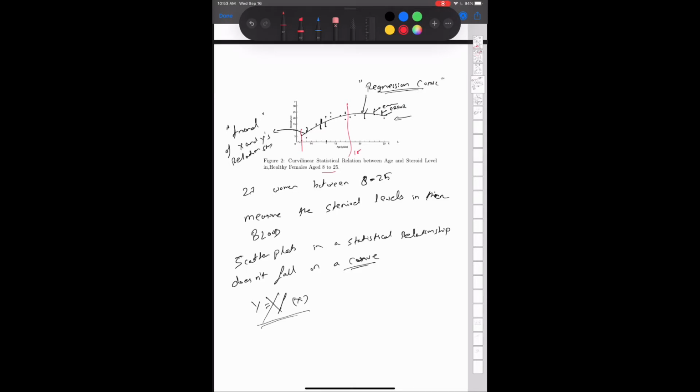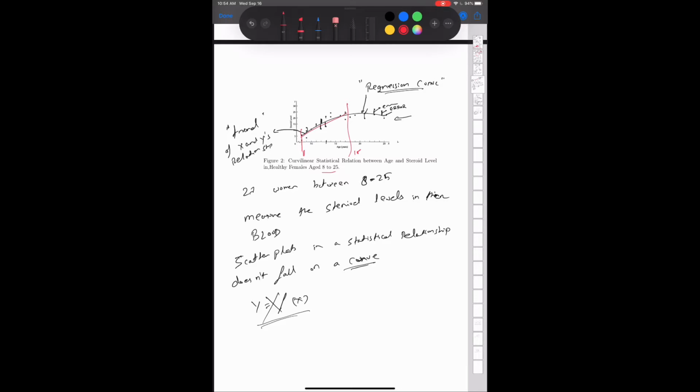Then I see that this relationship can be pretty well approximated by a line. This curve is pretty close to a line. So it turns out that if you focus on a small interval of x's, all functions look like straight lines. And that's the beauty behind, that's the real intention of why we study only linear regression curves.